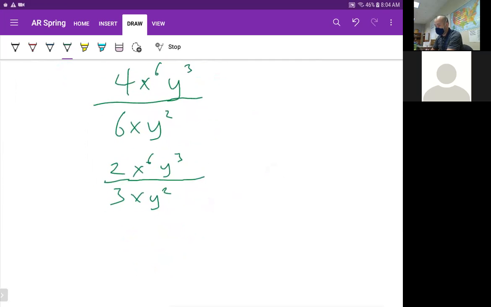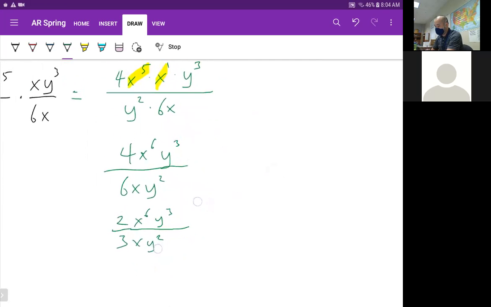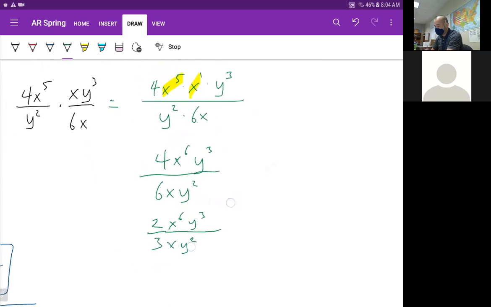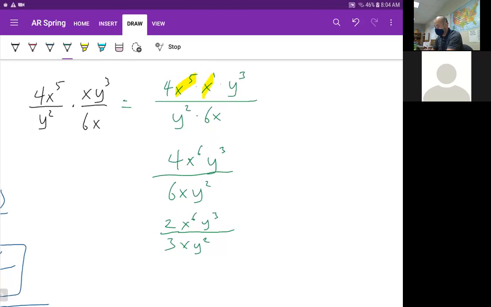At the top, like you did the 4x and then the x, y. Basically, you broke it apart at the top. Well, at the top, I combined it. So this is this part, and this is this part.